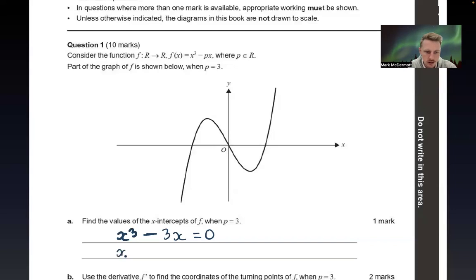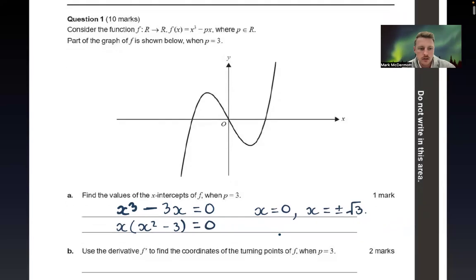Take out x as a factor, so you're left with x squared minus 3 equals 0. Applying the null factor law, either x equals 0 or x equals plus or minus root 3. It doesn't say coordinates, so I think that would be okay as an answer.